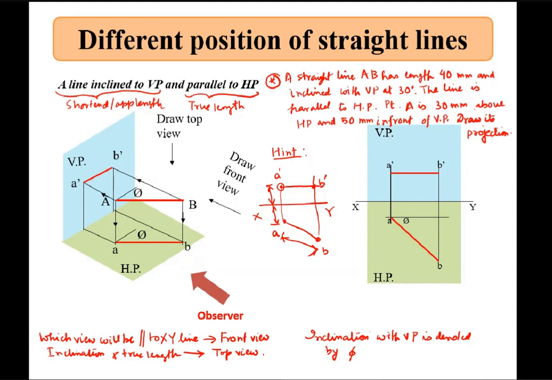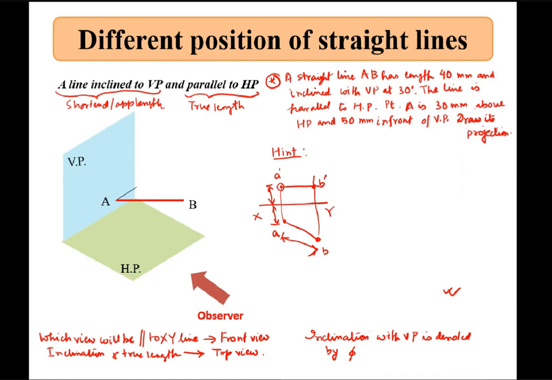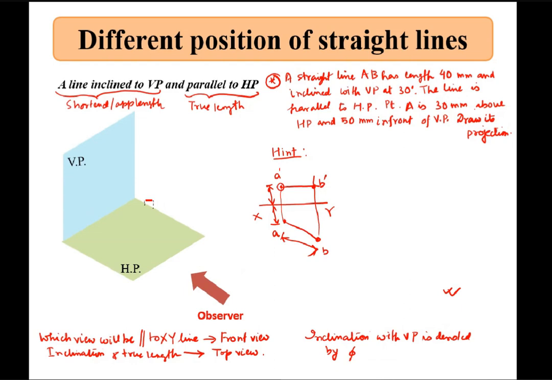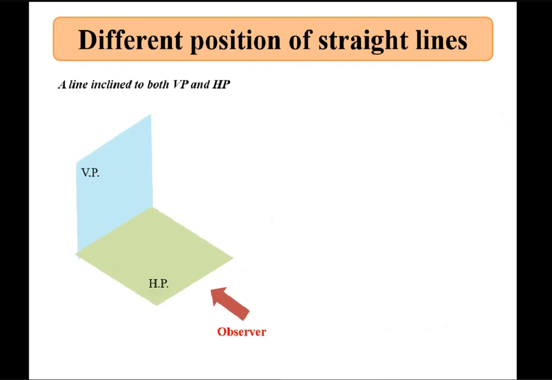Now my difficulty will arise where? When I will be having a straight line which is inclined to both HP and VP. In that case, I have to combine this case, line inclined to HP and parallel to VP, with this one.